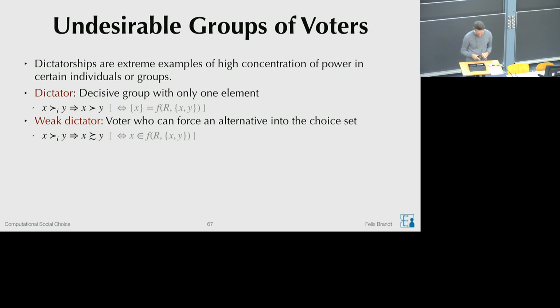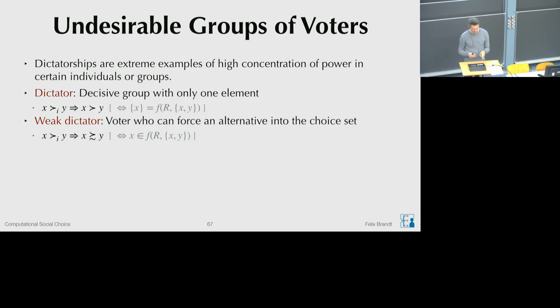And if you think about it in terms of social choice functions, you get this gray definition here, where the intuition is just that rather than completely fixing the choice set, a weak dictator can only push an alternative in the choice set. So a weak dictator can make sure that x is being selected, but he cannot rule out that y is selected as well. But what he does rule out is that y is selected only.